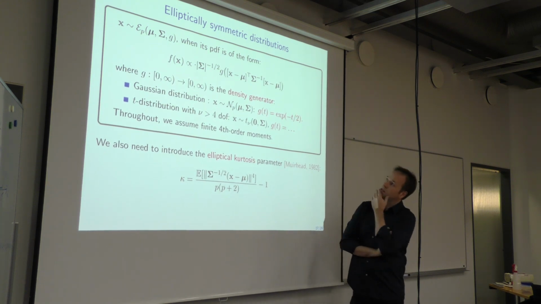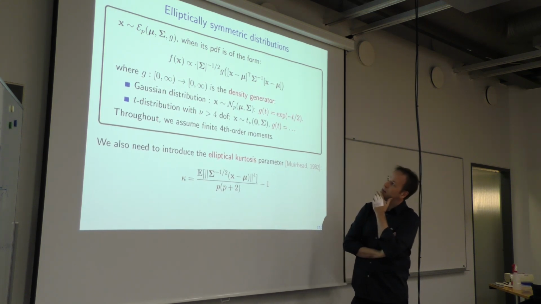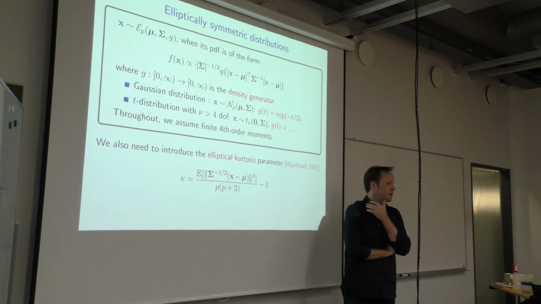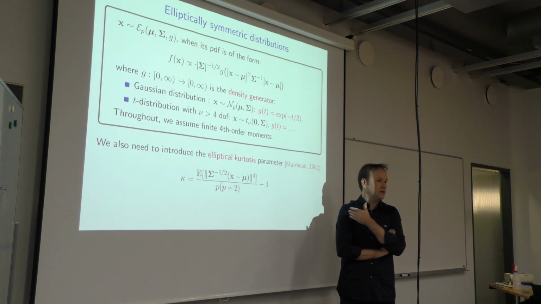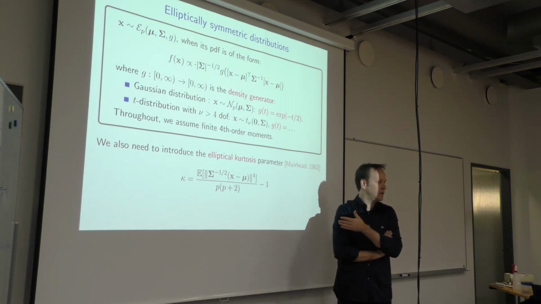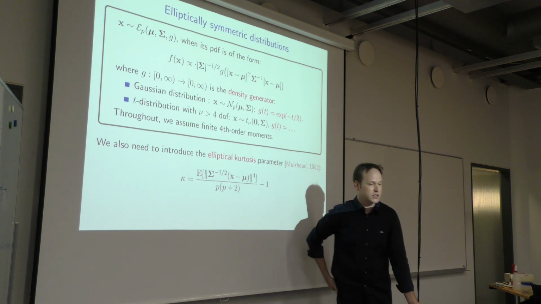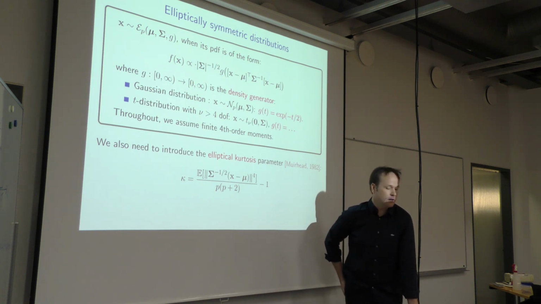So the parametric assumption that we make is that the data comes from the elliptical family. And you probably know some elliptical distributions or members in this family, even if you have never heard of elliptical distributions. Because maybe if you're a Bayesian, you probably know the t distribution or the multivariate inverse Gaussian, or any of those.